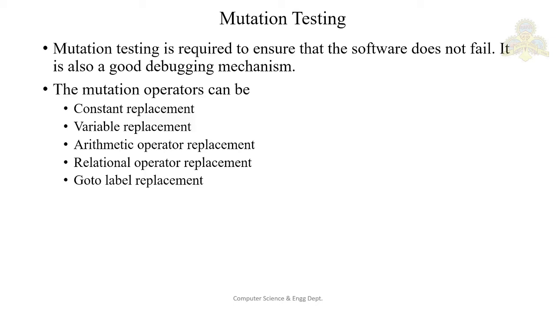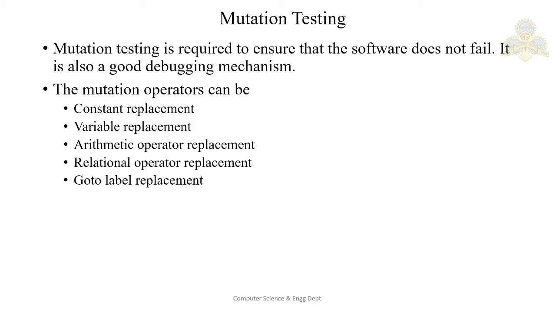You can replace a constant in the code, do variable replacement, arithmetic operator replacement, relational operator replacement, and go-to label replacement. You can change any of these things in your code and create mutants.